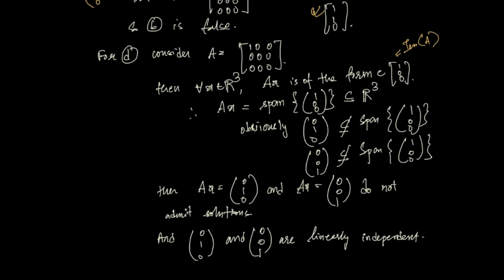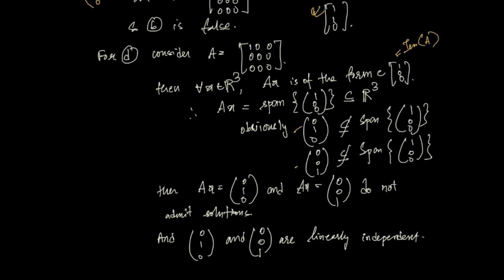Obviously, 0, 1, 0 is not an element that falls under this span. 0, 0, 1 is also not something that falls under this span. Why? Anything that belongs to the span of 1, 0, 0 is a constant multiple of 1, 0, 0. 0, 1, 0 is not a constant multiple of 1, 0, 0, and 0, 0, 1 is also not.